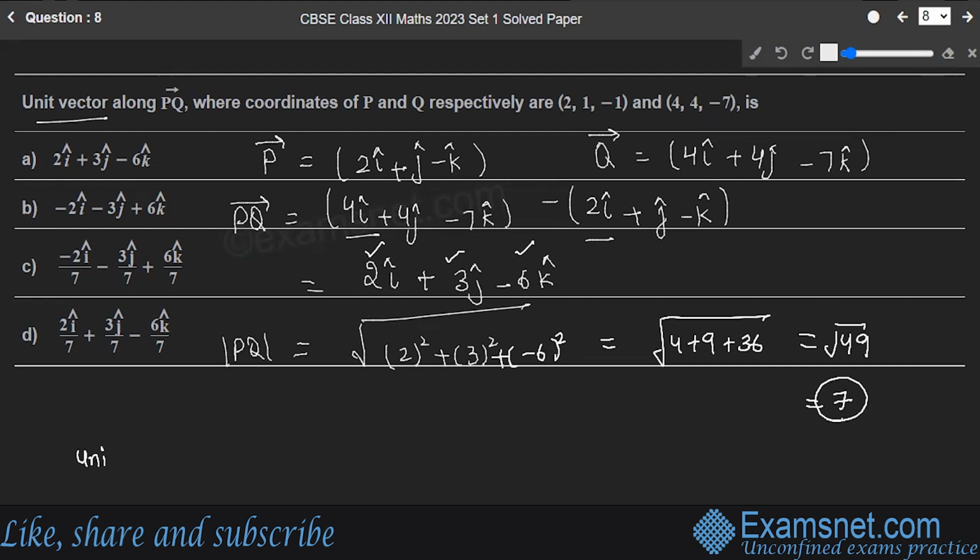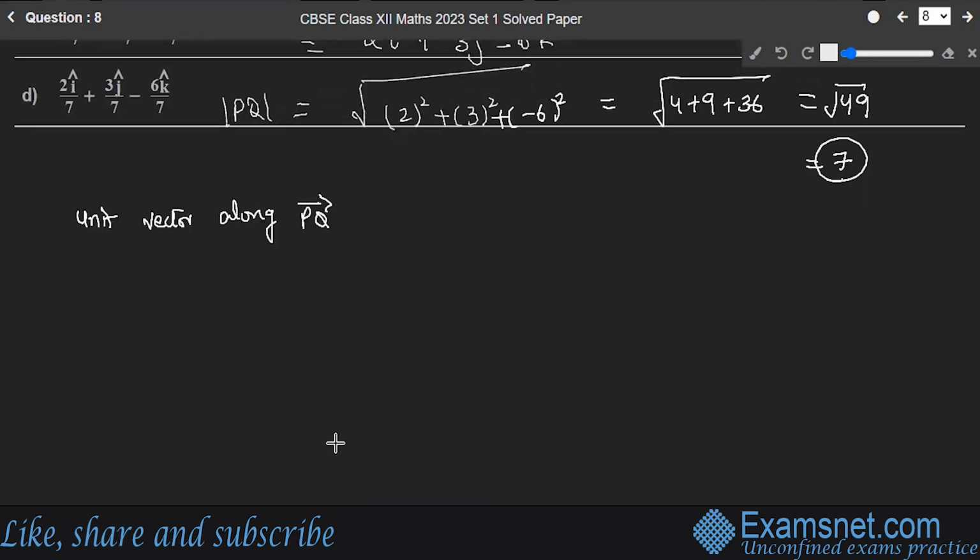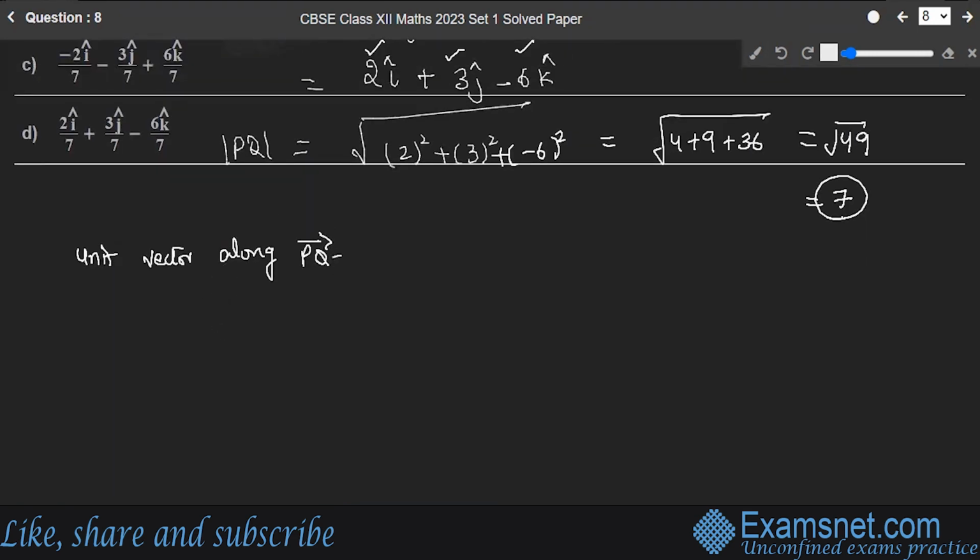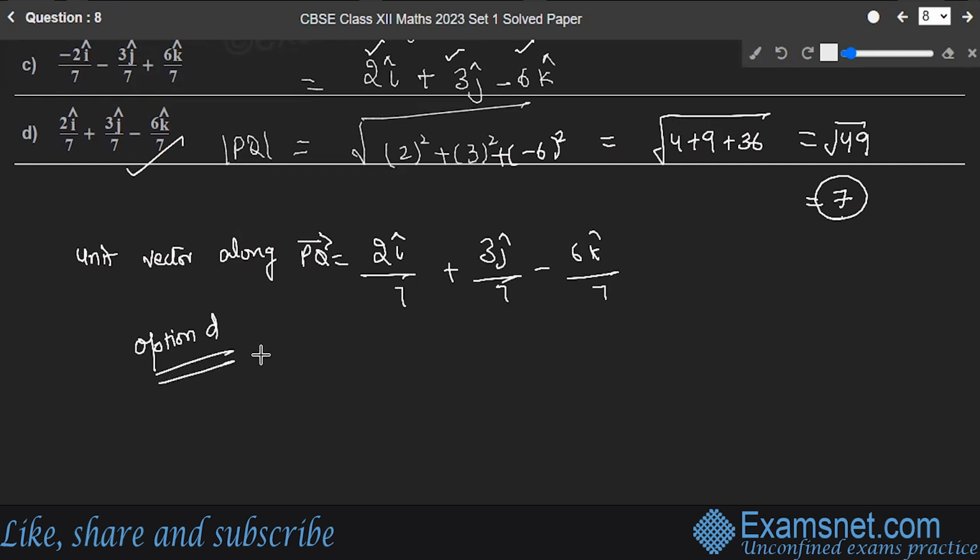And unit vector along PQ will be given by, see, this is equal to 2i upon 7 plus 3j upon 7 minus 6k upon 7, which makes option D as the answer. Hope you understood this. Let's move to the next question then.